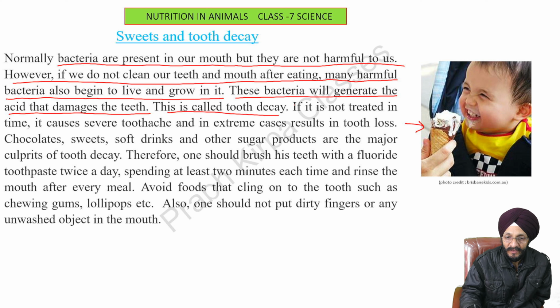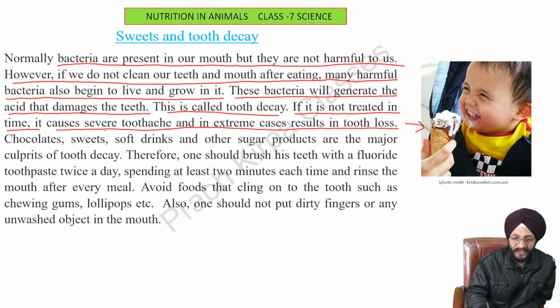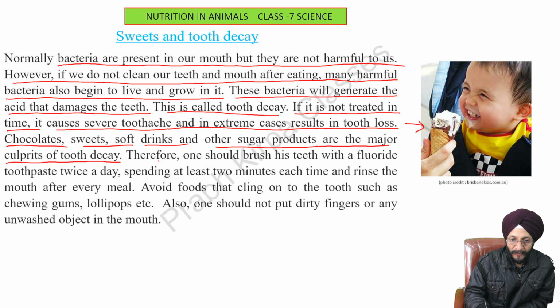If we do not take the treatment of our teeth in time, then there may be toothache, or in extreme cases it may result in tooth loss. Chocolates, sweets, soft drinks, and other sugar products are the major culprits of tooth decay. Culprits means reasons of tooth decay.